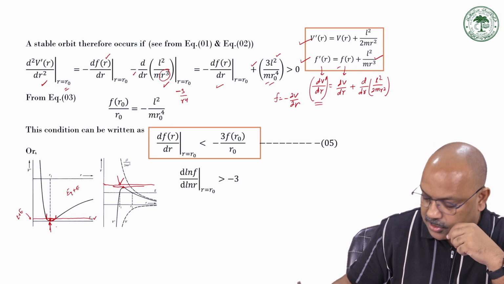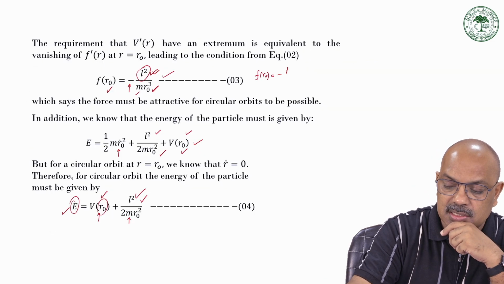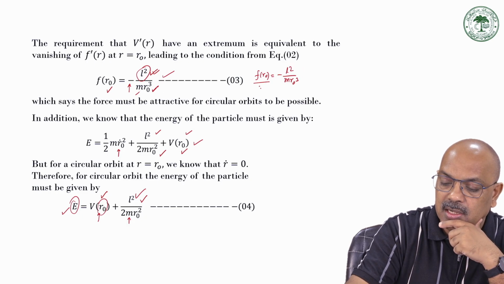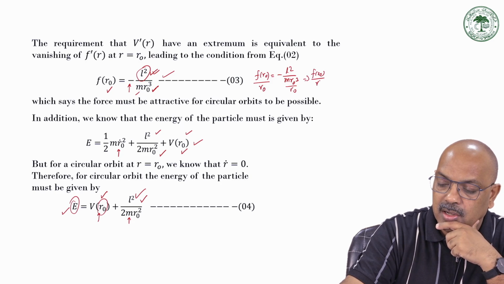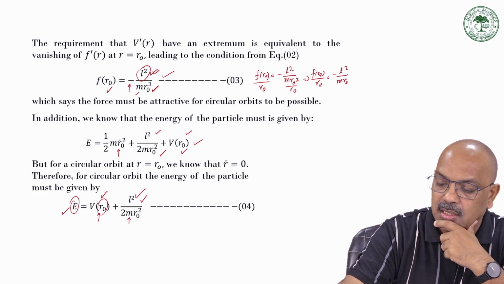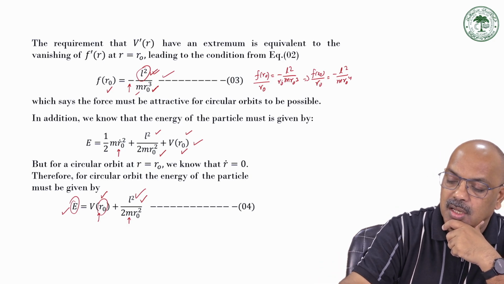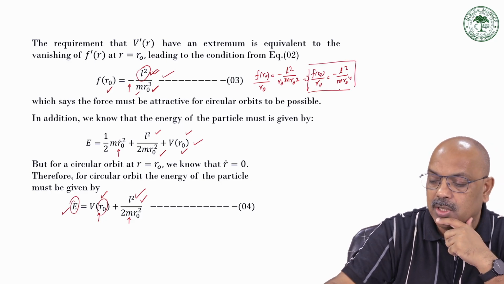So from equation 3, we have F of r naught is minus L square by m r naught cube. If I divide it by r naught, then F of r naught by r naught is minus L square by m r naught to the 4, since r naught and r naught cube gives r naught to the 4. So F of r naught upon r naught is minus L square upon m r naught 4.